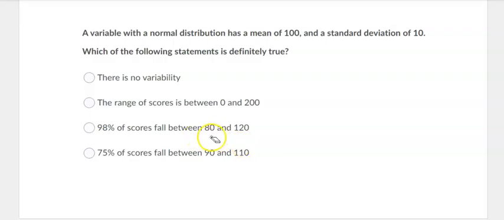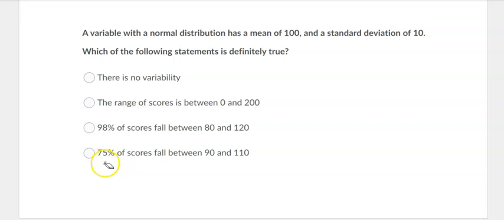When you calculate from 100, the first standard deviation is 110, and the second one is 120. So that is about the 95%. And in the left part there will be 90 and then 80. So that is the 95% area.